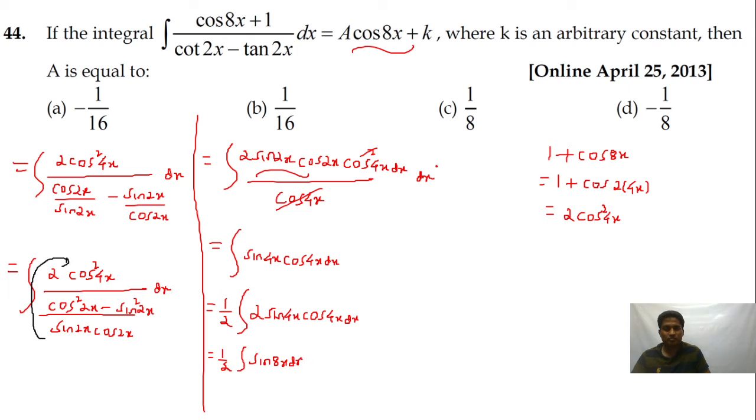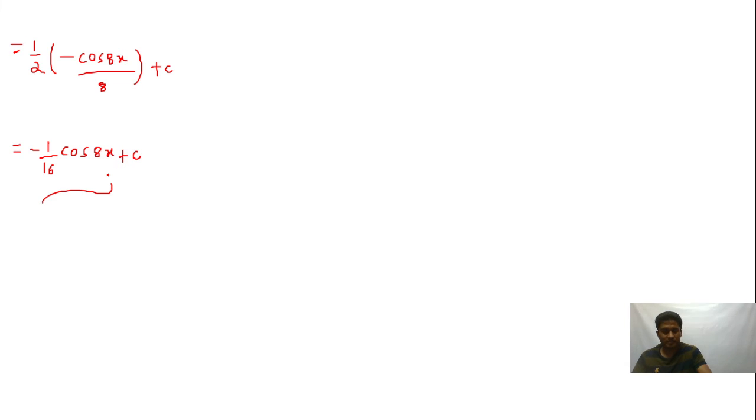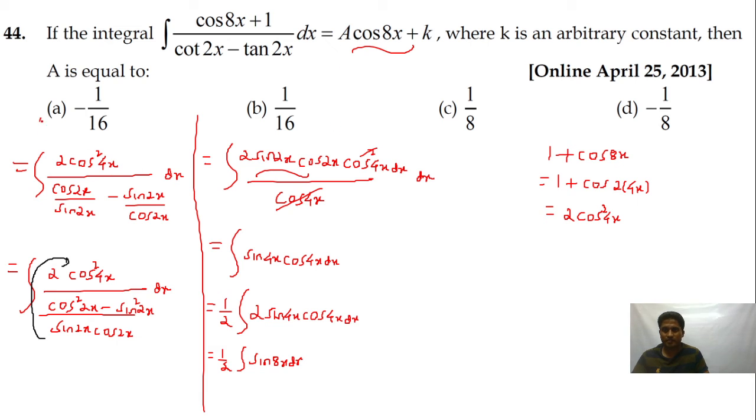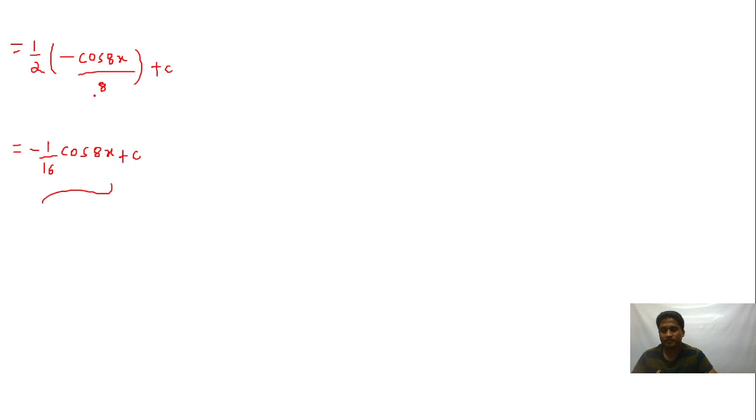Integration of sin 8x is minus cos 8x divided by 8, and plus c, is equal to minus 1 by 16 cos 8x plus c. You compare this and this, the value of a is equal to minus 1 upon 16.